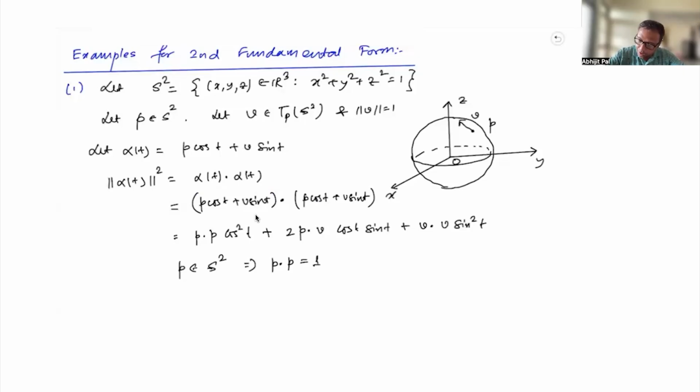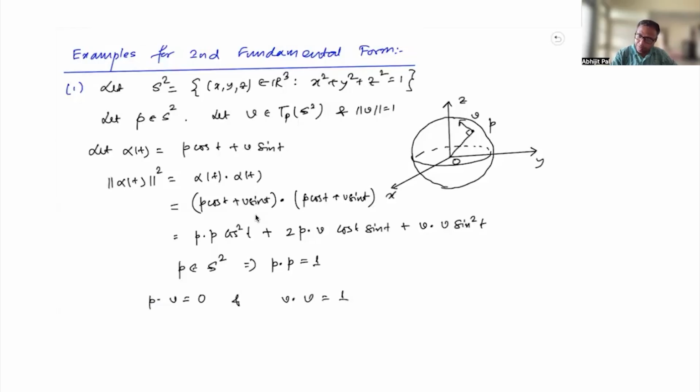Now P dot V is equal to 0, because the vector P is orthogonal to the tangent vector V. And V I have taken to be a unit vector, so V dot V is also equal to 1.